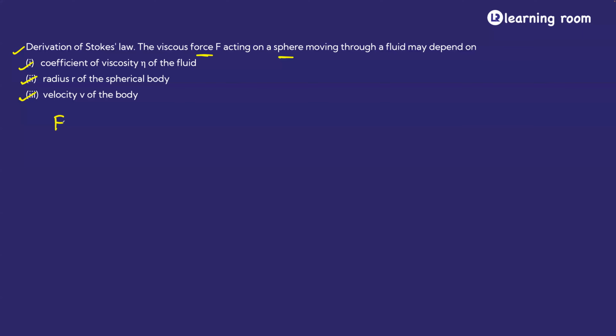The viscous force is directly proportional to eta^a, r^b, and v^c. So F = k eta^a r^b v^c. Now, for dimensional consistency, what should I write?